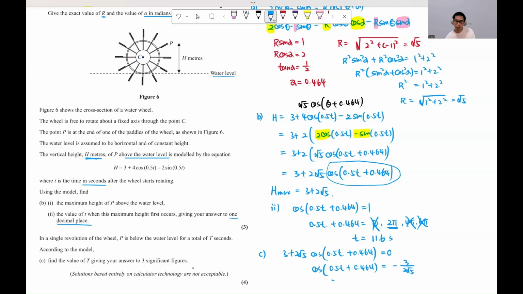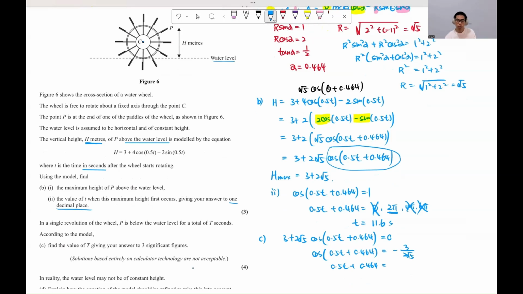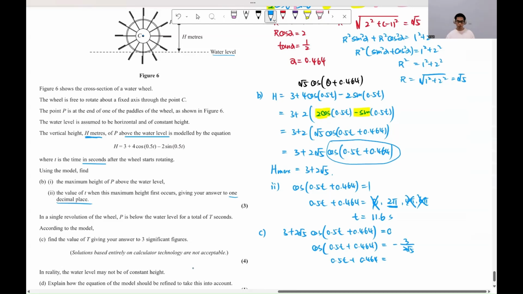So 0.5t plus 0.464 is equal to cos inverse of negative 3 over 2 root 5. That would be 2.306, and the other one would be negative 2.306. Since we're looking for the positive values, this is the first positive value, and this one is clearly negative.